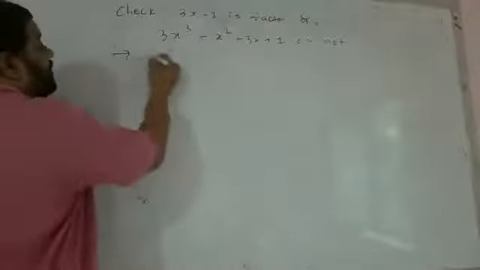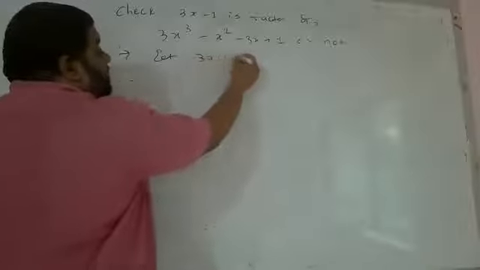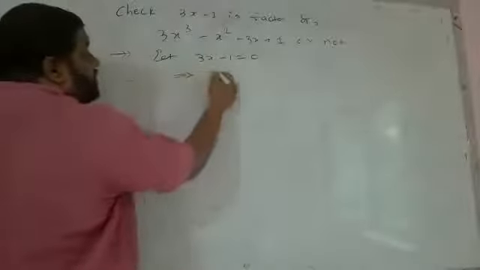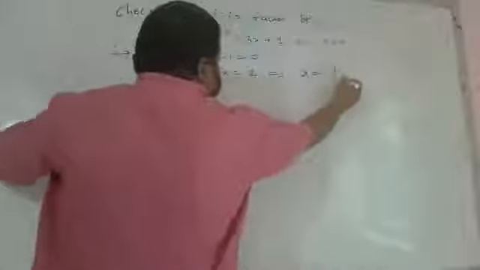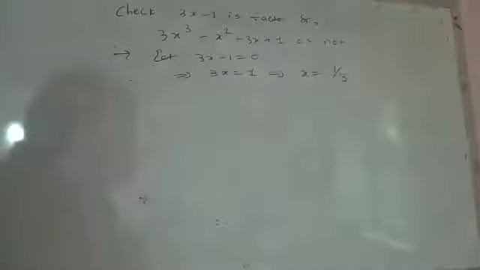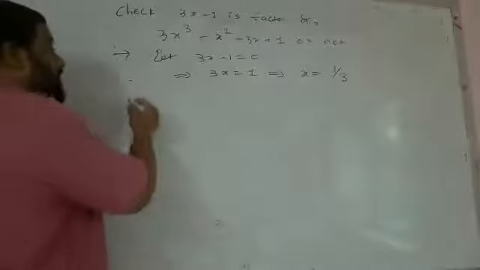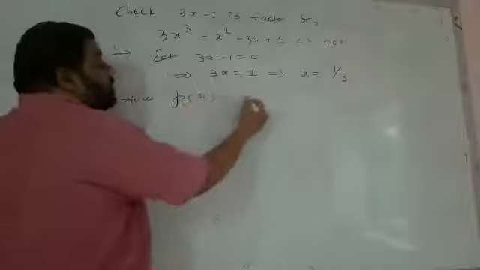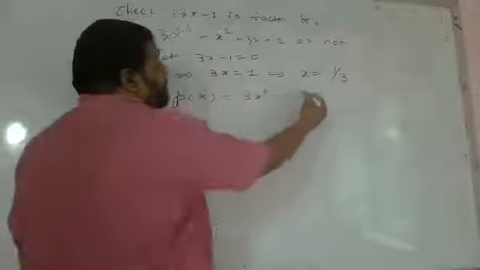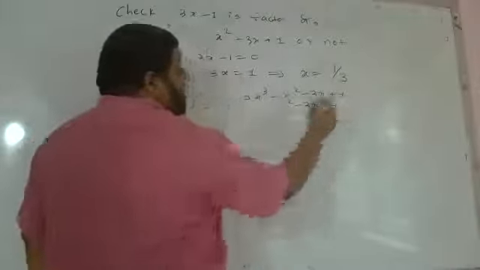What we will do? Let 3x minus 1 is equal to 0, which implies 3x is equal to 1, which again gives us x is equal to 1 by 3. Now p of x is equal to 3x cubed minus x squared minus 3x plus 1.